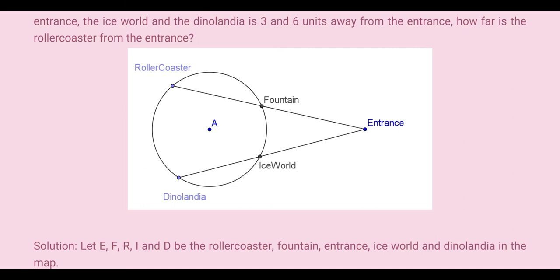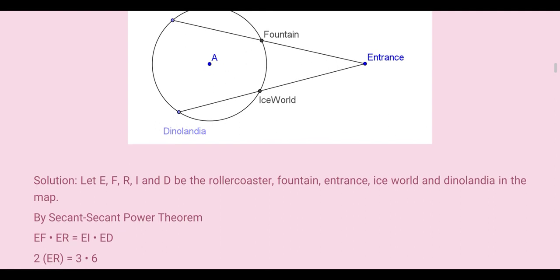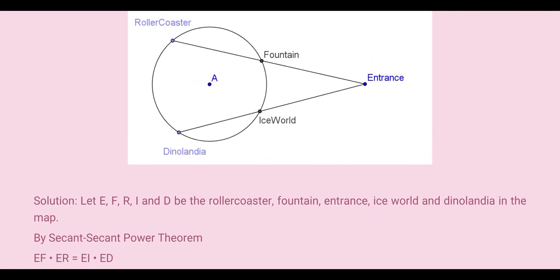Ibig sabihin ang hinahanap natin ay ER. By secant power theorem, we will have EF times ER is equal to EI times ED, where ED is the total secant segment. So yun yung mga distance.